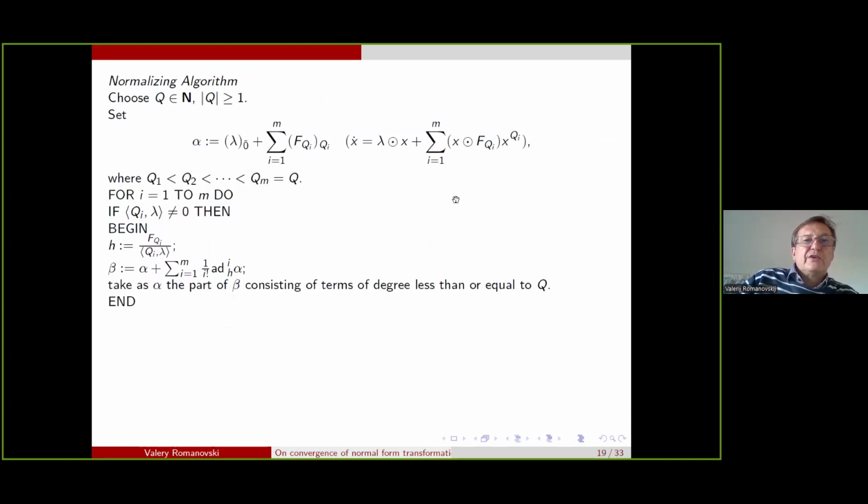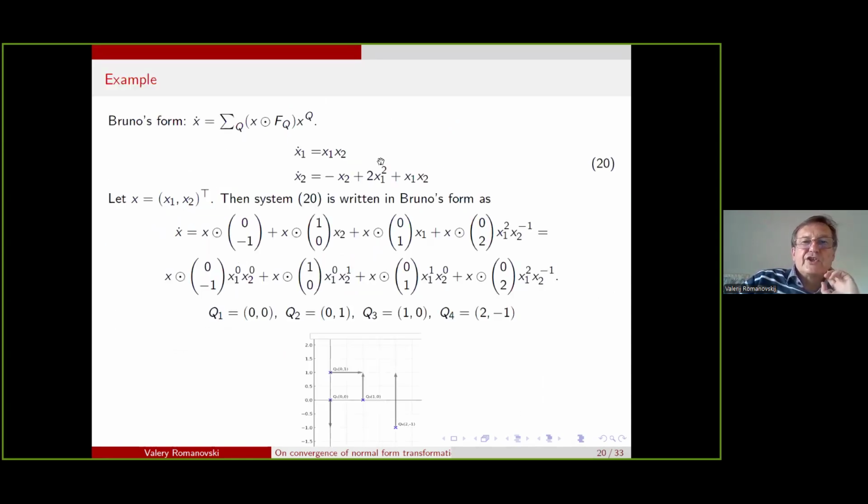And we can do the normalization algorithm using this discrete structure, and here is how it works. You can write this in Bruno's discrete form, and then visualize it in this way.